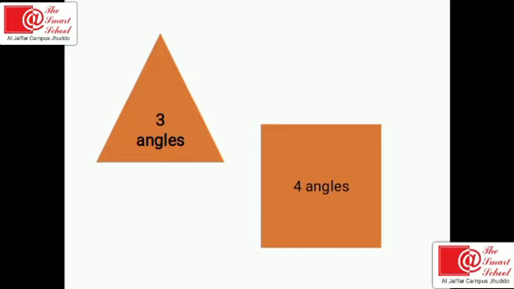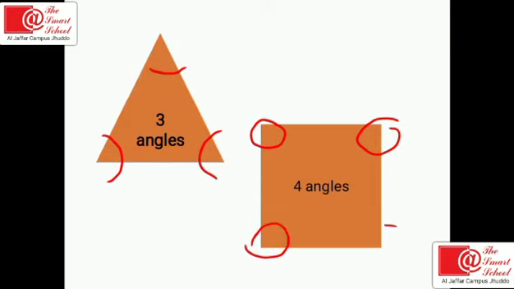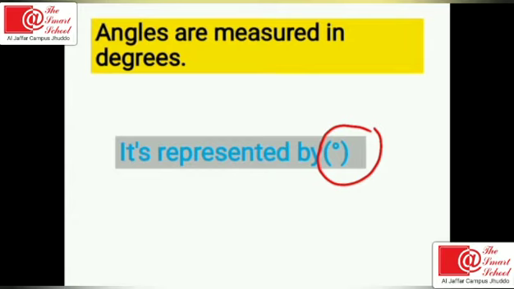A triangle has three angles. Tri means three, that's why a triangle has three angles. And a square has four angles: 1, 2, 3, and 4. Angles are measured in degrees, represented by a small circle.